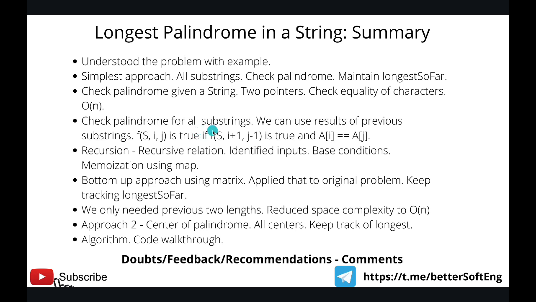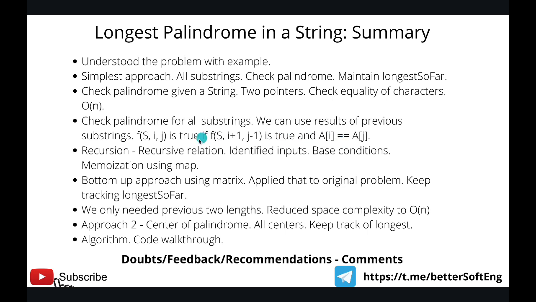And when we are checking a particular substring, we can make use of a previous, smaller substring calculation. If we are looking at the substring between i and j and checking whether it is a palindrome, we just need to see if the substring between i plus 1 and j minus 1 is a palindrome and the two extreme characters are equal.